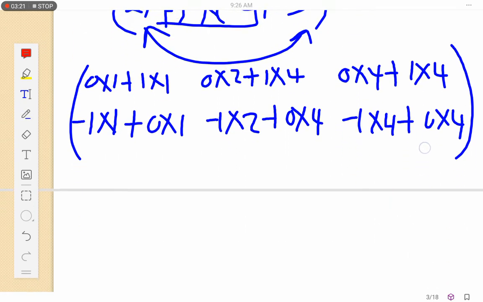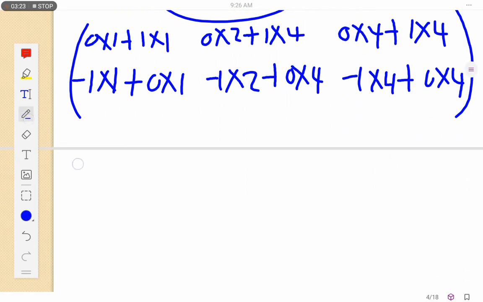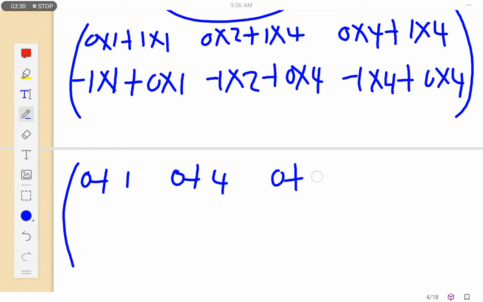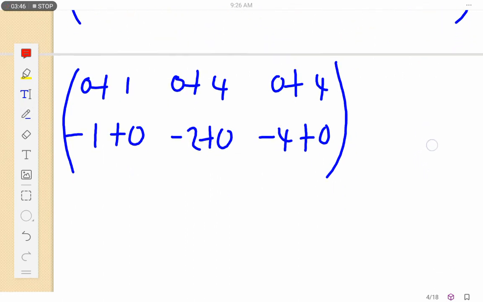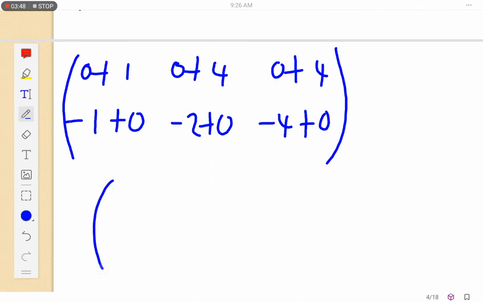Let's simplify that. I will get 0 plus 1, 0 plus 4, 0 plus 4. Then on the second row, I'll have minus 1 plus 0, minus 2 plus 0, and lastly minus 4 plus 0. If we simplify that, we'll get 1, 4, 4, minus 1, minus 2, minus 4.